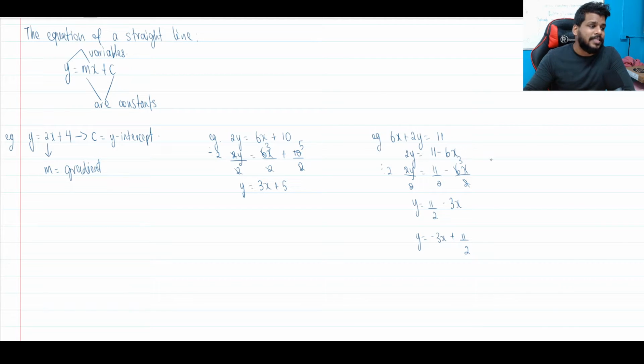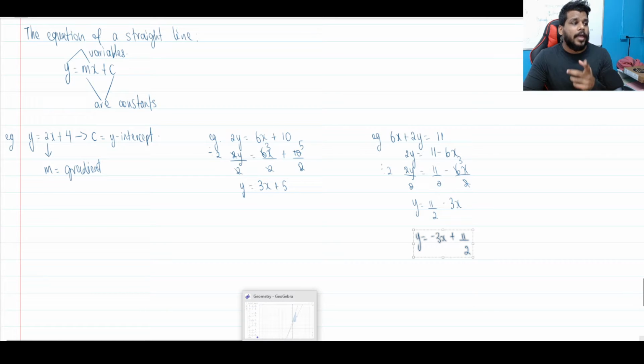If I draw either this equation or this equation, I am going to yield the exact same graph. The only benefit of having the equation written in this form is I can look at it and say, the gradient is minus 3, and the y-intercept is 11 over 2. That's the only benefit, and it's a big, big benefit.